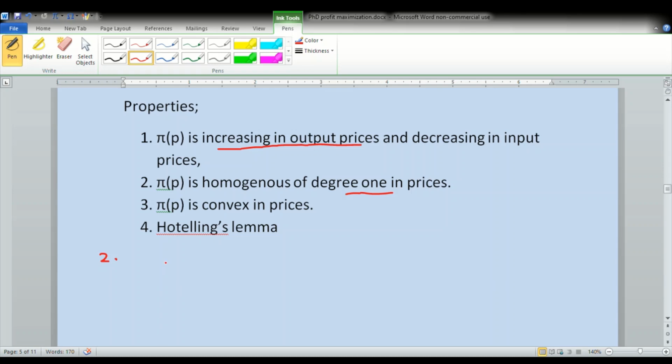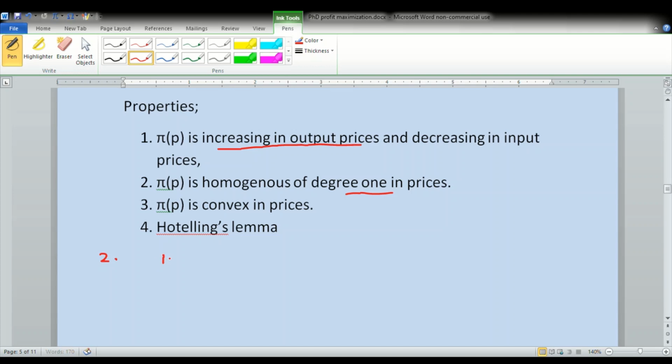Or if all the prices decrease in the same proportion, maximum earnable profit will also be decreasing in that same proportion. Remember again that when we say all prices, that means both input and output prices.